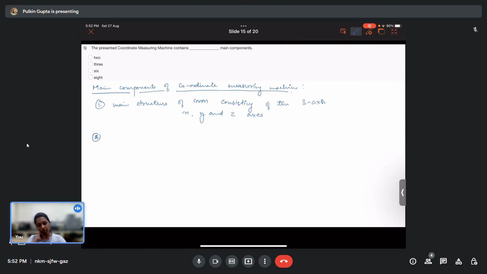Now the second one was the probing signal, the probe. So in our case the probe was of mechanical kind.